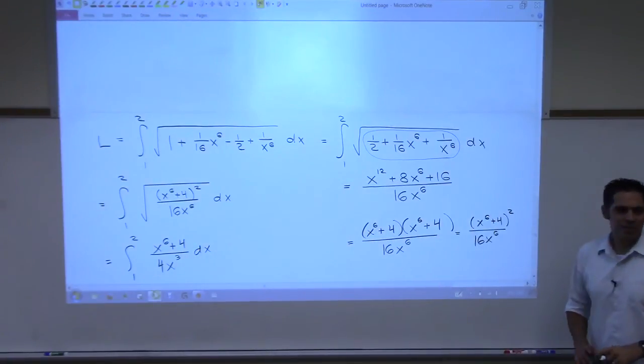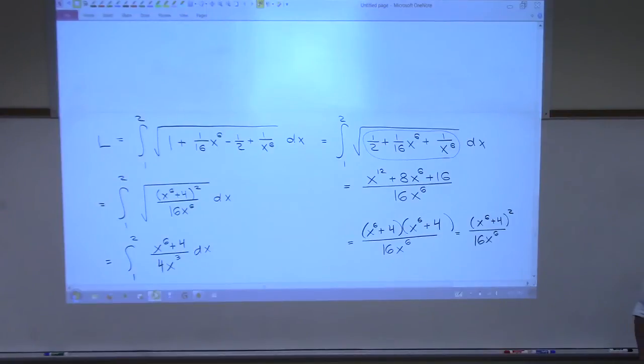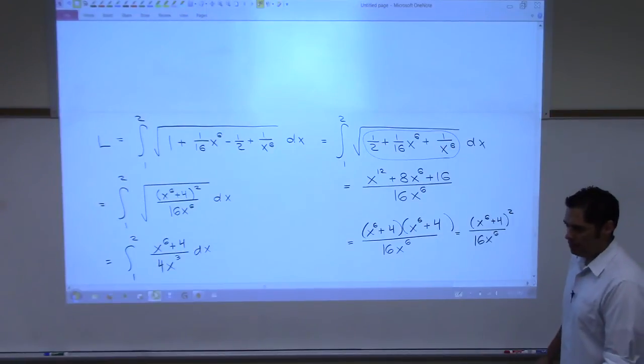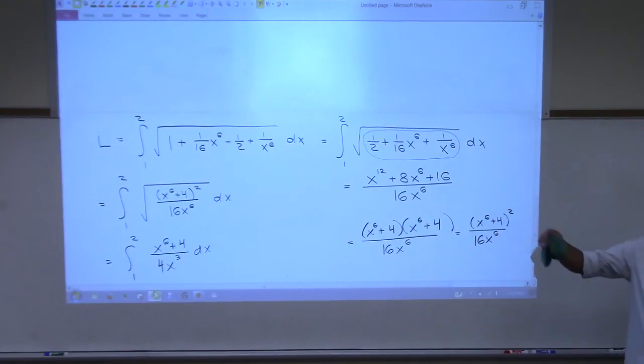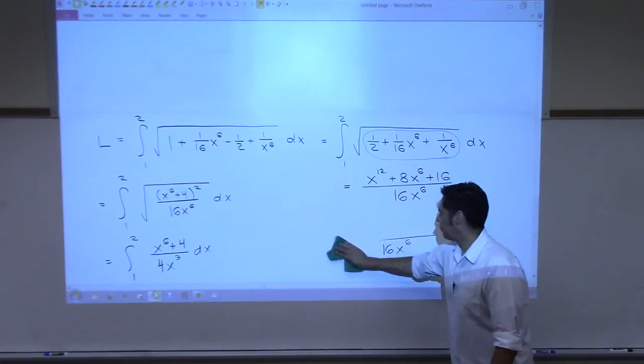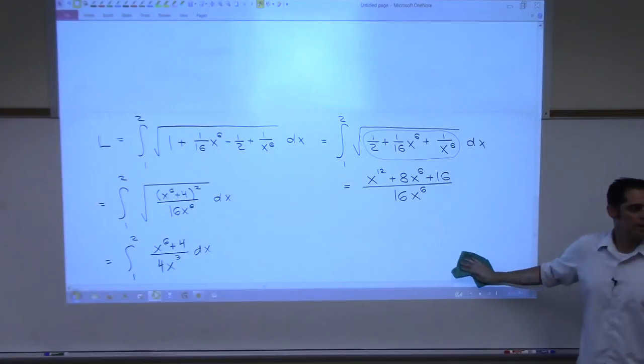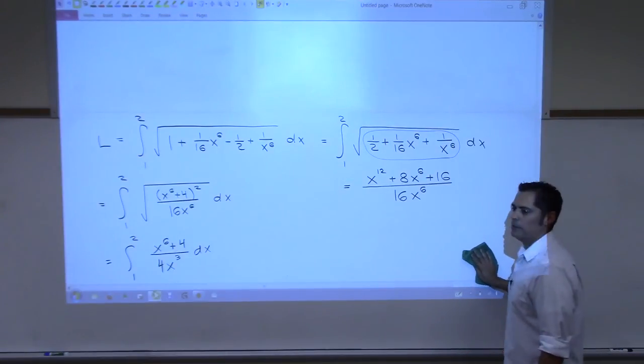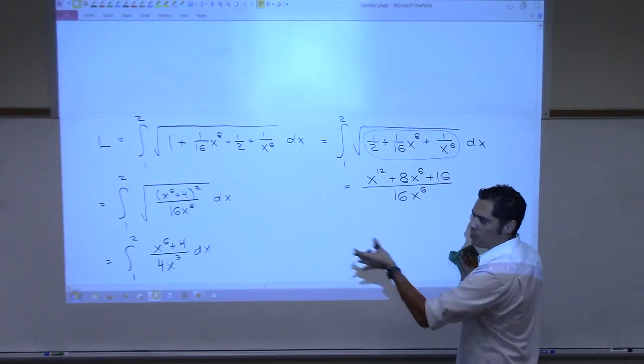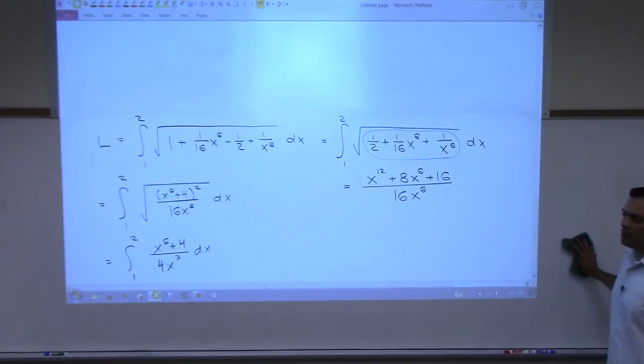When you square x cubed, you get x to the sixth. Power to a power, you multiply the powers. Questions? I'm happy. There's no more root, right? It's good. How would you integrate that?